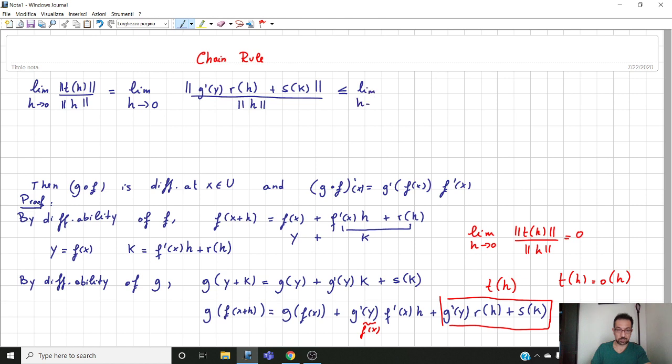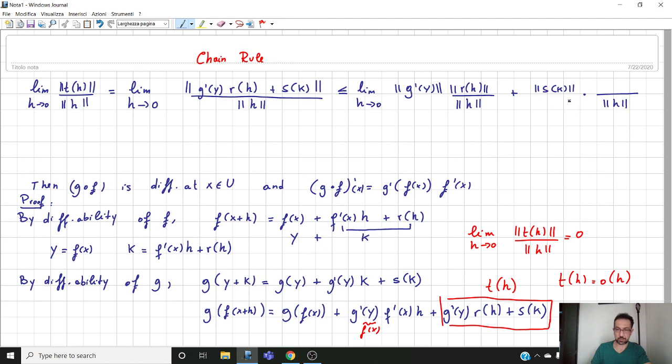So we have the limit as h goes to 0 of the norm of g prime of y times the norm of r of h, divided by the norm of h, plus the norm of s of k, and then divided by the norm of h.